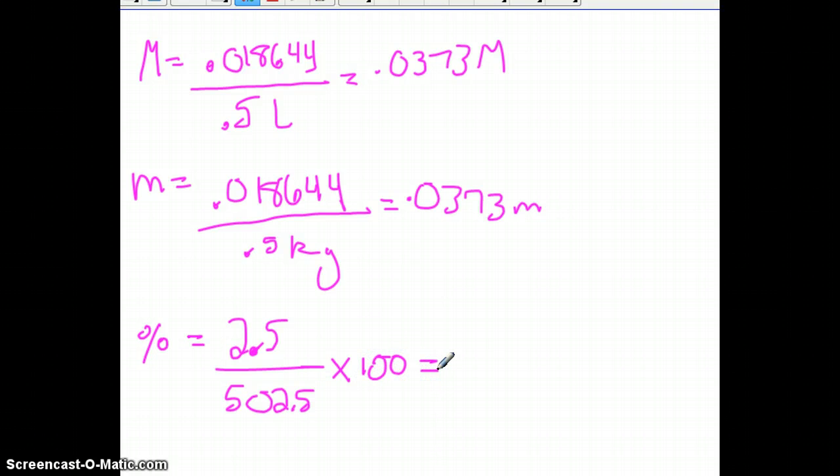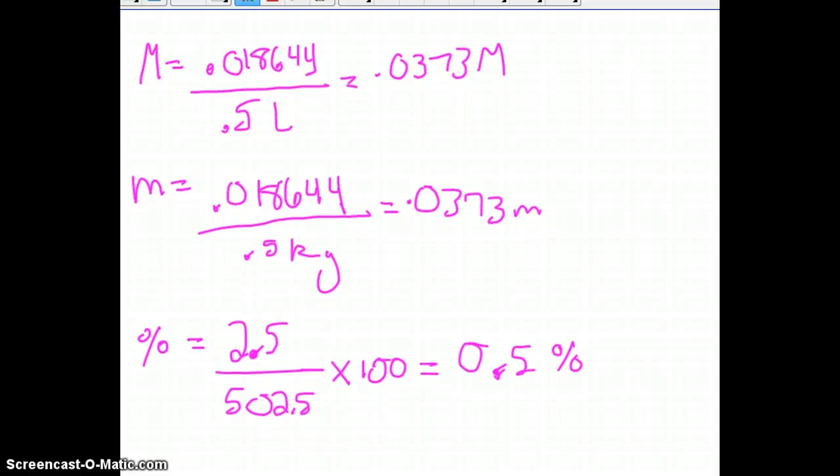When we do that, we get 0.5%. That's going to be our percentage.